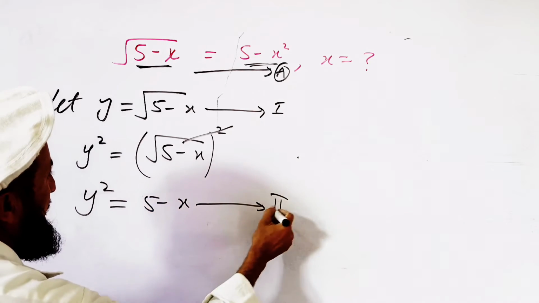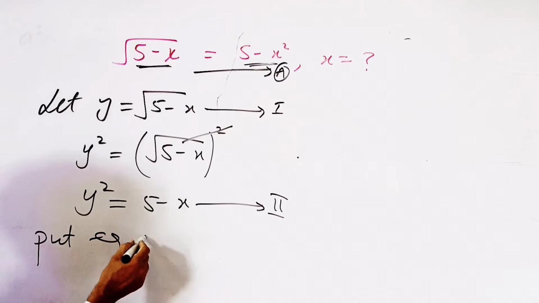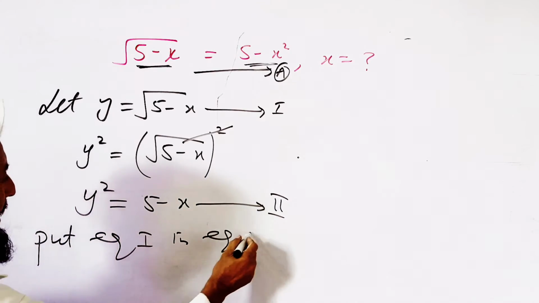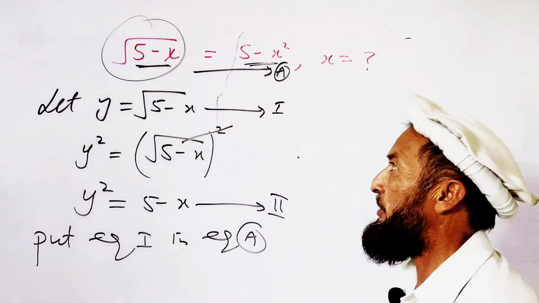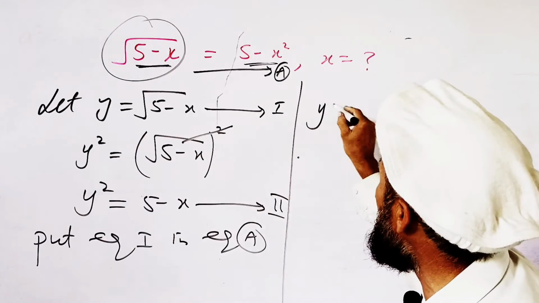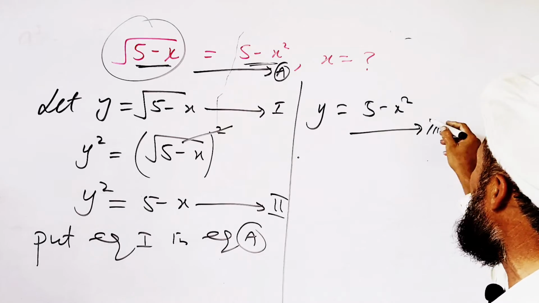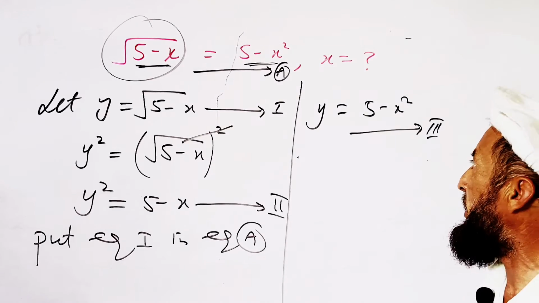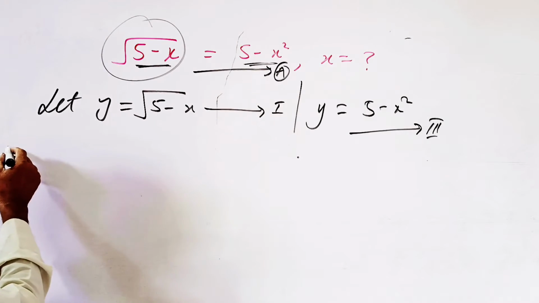This is the second equation. Now we put y in place of the square root of 5 minus x in the original equation, so y is equal to 5 minus x square. This is the third equation.